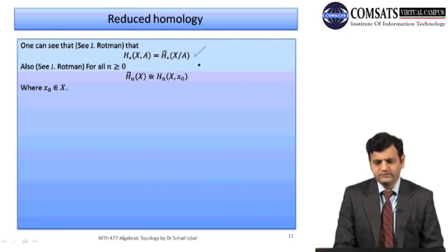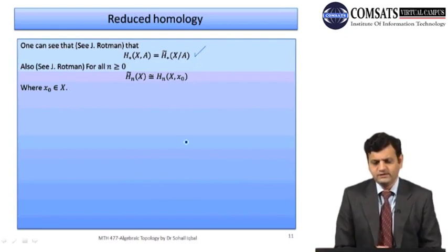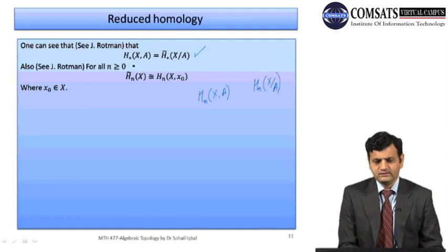And so we have the following expression as well. We have seen that the relative homology is not the same as the homology of the quotient, but the thing called reduced homology that we defined satisfies something like this.